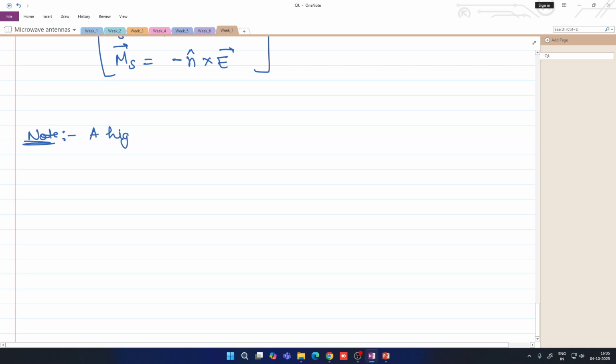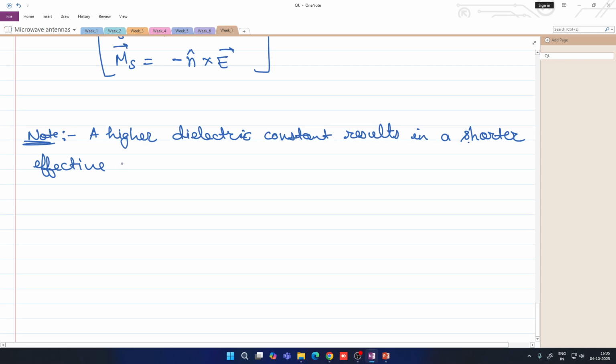A higher dielectric constant results in a shorter effective wavelength in the substrate of a microstrip antenna.